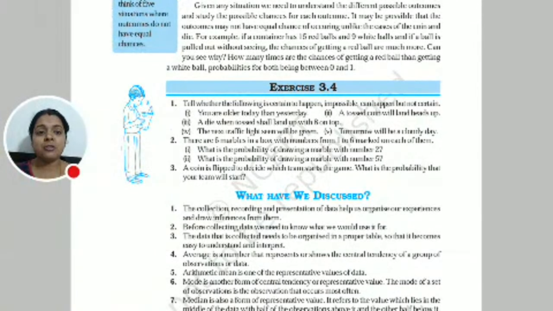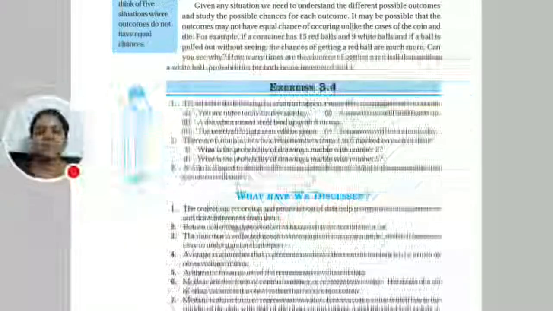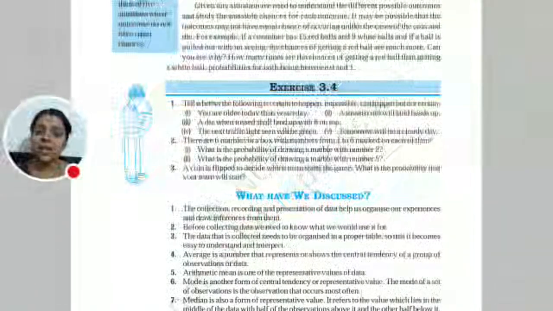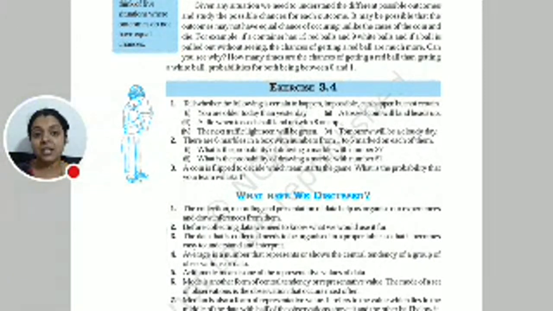The next traffic light seen will be green. Yes, it can be. But if it is yellow, then only it will be green. If it is red, it will not be green because it will be yellow. So we have to follow the sequence. It depends on that.